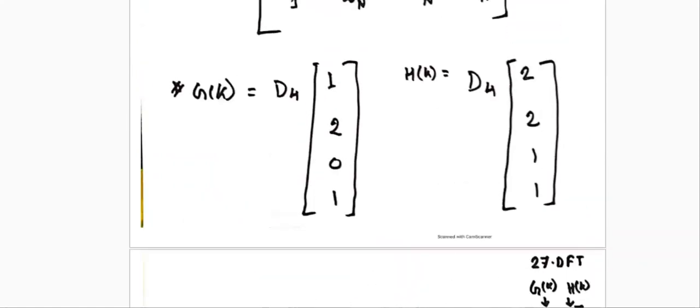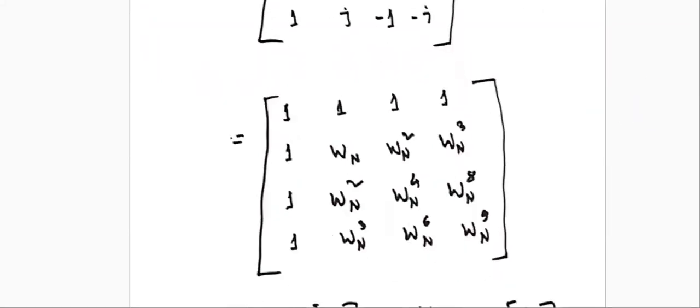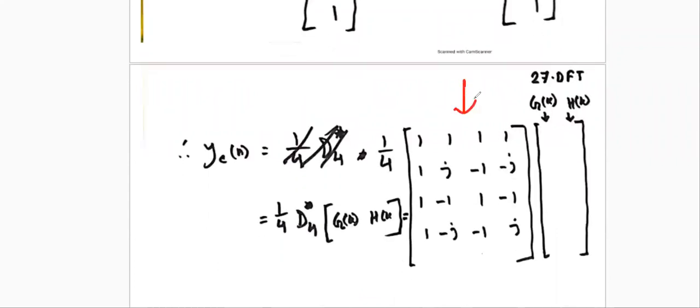So what is the value of that? If we have this one, just the signs of the complex values should be changed. Whenever we have a plus sign, it should be converted to a minus sign. All other values remain the same. So if you know D4, D4 star is also known to the computer, and you do not need multiplication and other things. This is called the lookup table process. By the lookup table process, you already have these calculated with a very simple calculation. Now you can find your output in the circular convolution.